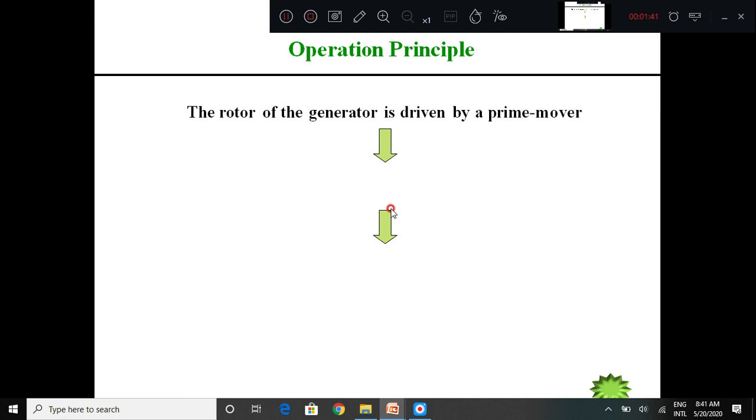The rotor of the generator is driven by a prime mover, meaning we are giving mechanical energy which is converted into electrical energy. That is, the mechanical energy in the form of rotation is given to the rotor. That is why it is written as the rotor of the generator is driven by the prime mover.